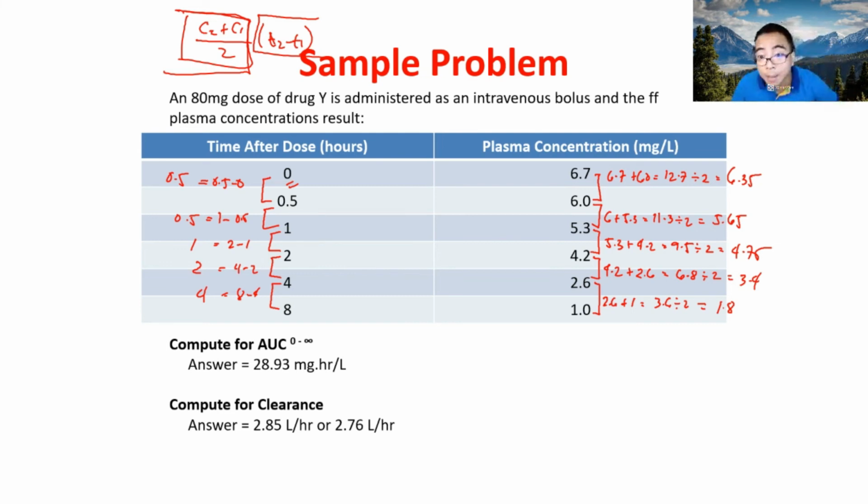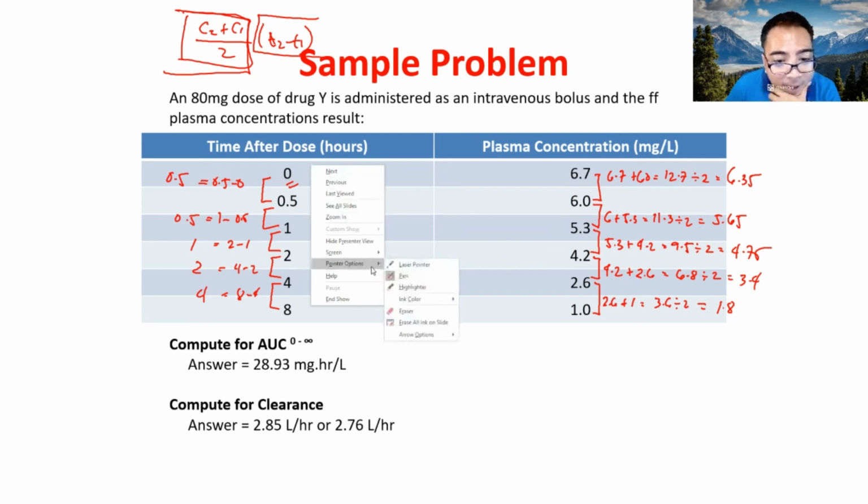Okay? So, dapat class, kung ilan yung values nito, like 1, 2, 3, 4, 5, 6, I have 6 values here, I should be able to compute for 5 areas. Right? And that's 1, 2, 3, 4, 5, good. So, both sides, okay na, 5 sila kasi I have 6 datas.